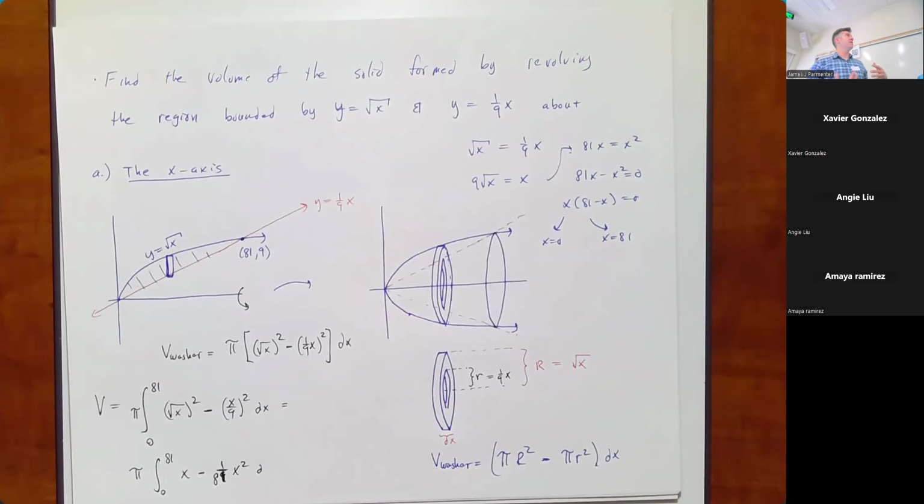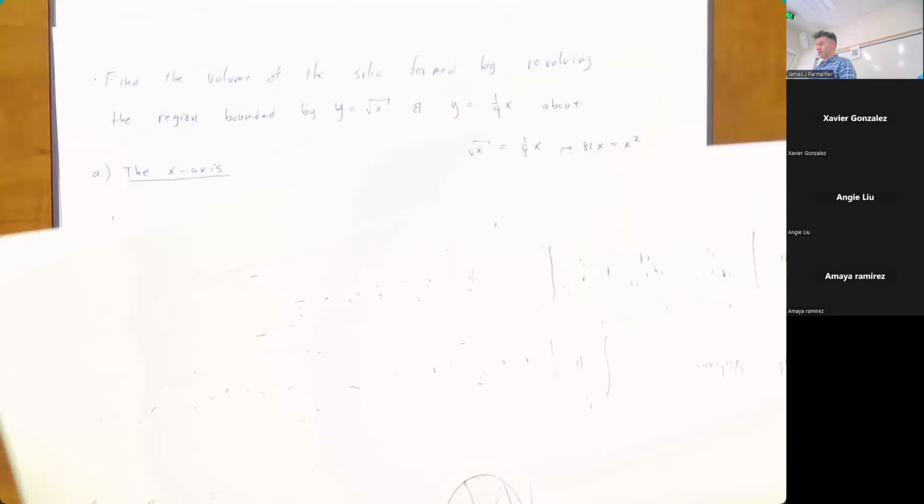So the difference between the washer method here and the disk method before is that in the previous problem, there's two ways I like to say this. You can say the region we were rotating was flush with the axis of rotation, or the axis of rotation is one of your boundaries.